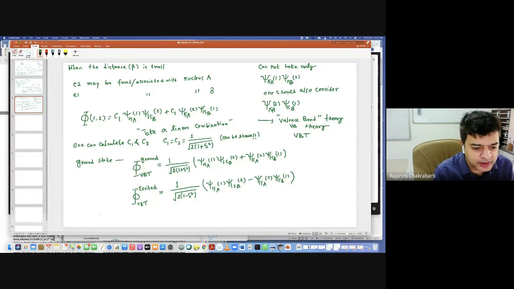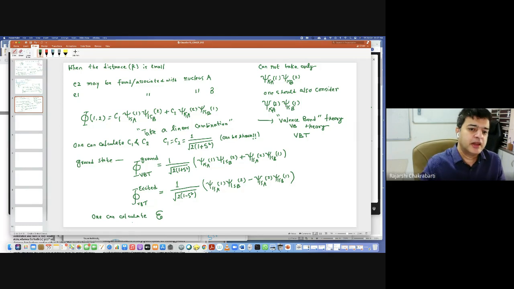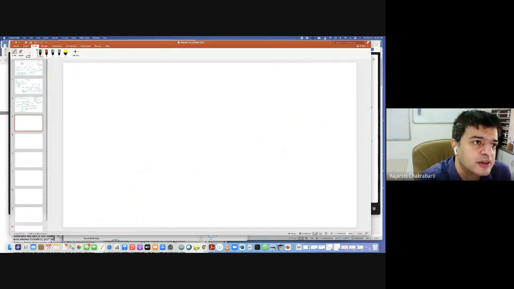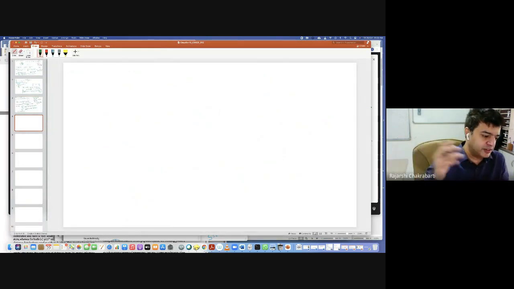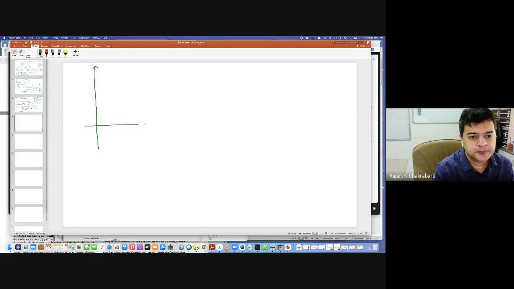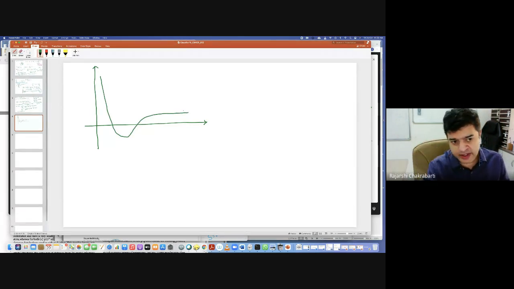And then one can calculate the electronic energy, script E. And once you do this calculation, you can actually plot your electronic energy the way I showed for the MO calculation. So your MO calculation was something like this, not predicting the dissociation limit correctly.